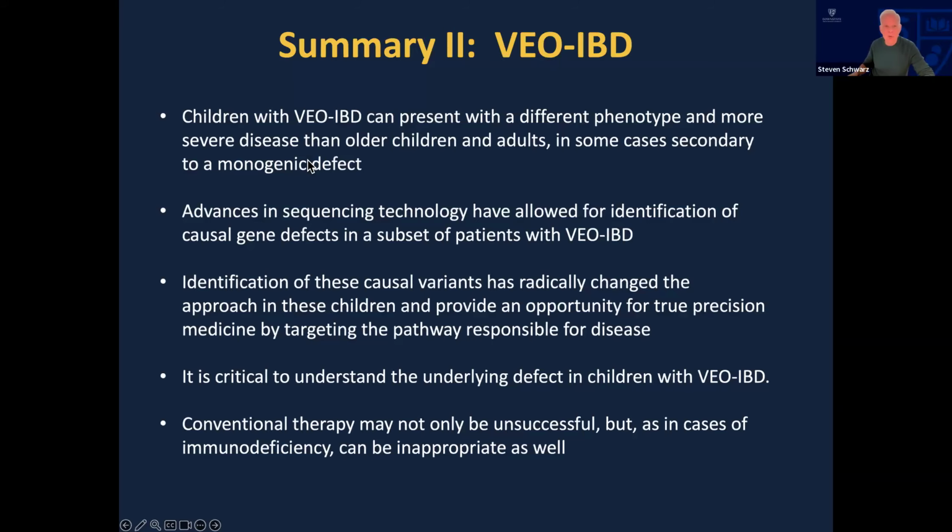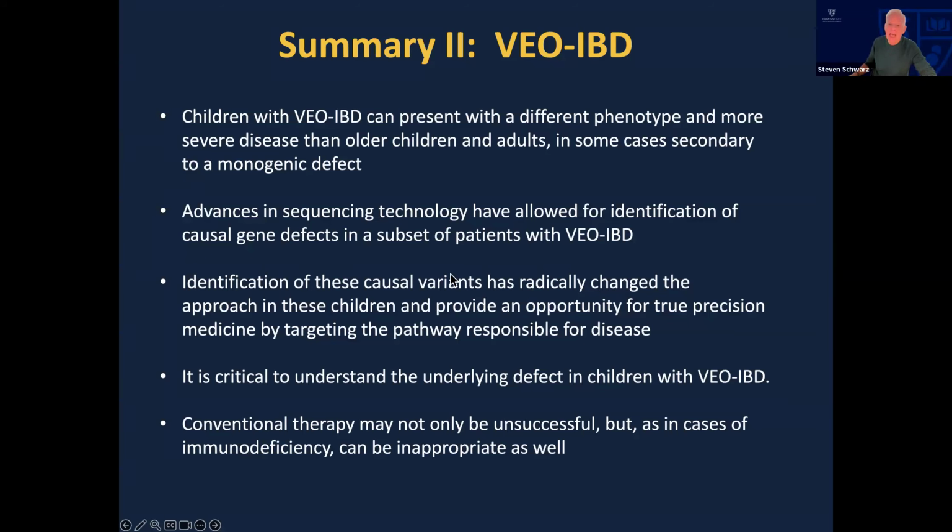Children with very early onset IBD can present with a different phenotype and more severe disease than older children and adults. Advances in sequencing technology have allowed for identification of causal gene defects, primarily IL-10, IL-10R, in a subset of patients with VEO-IBD.